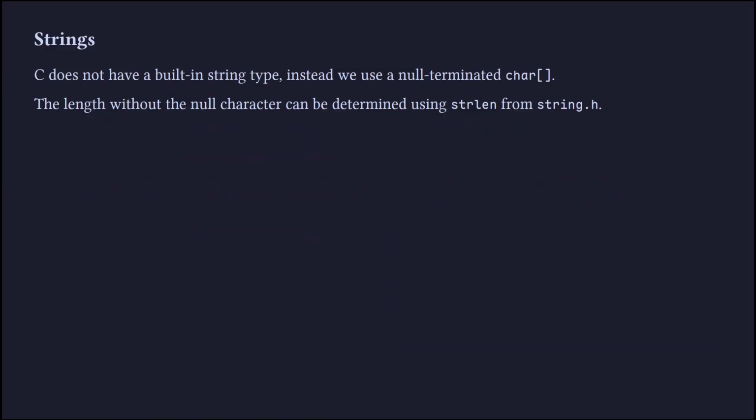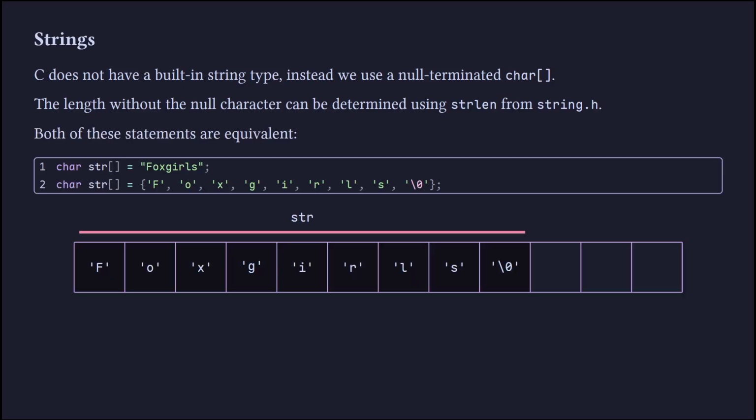C doesn't have a built-in string type. Instead, we use a list of 8-bit characters that are terminated with a special character called null. The length of this string without the null character can be determined using a function from the string library in C. And just to show that arrays and strings are the same thing, here are the 2 ways that we can initialize it.